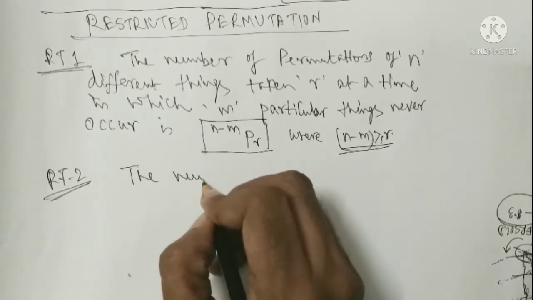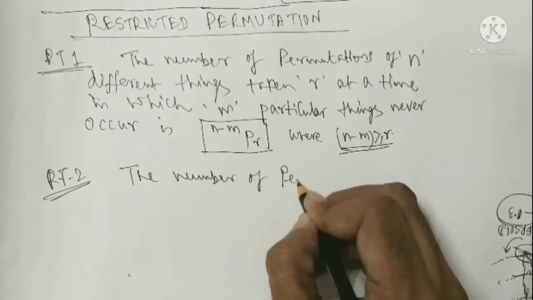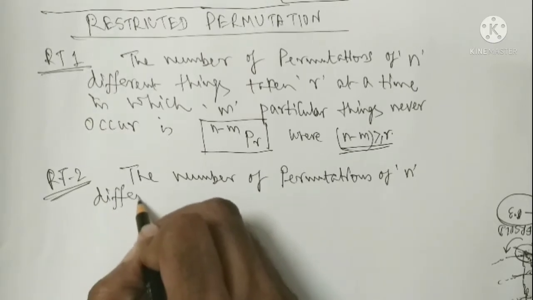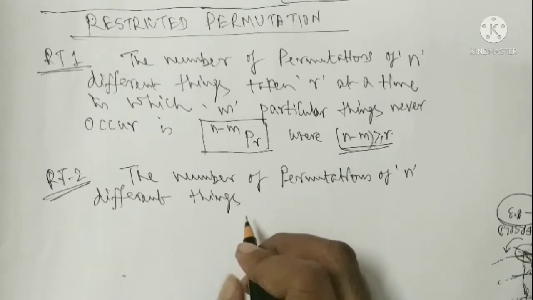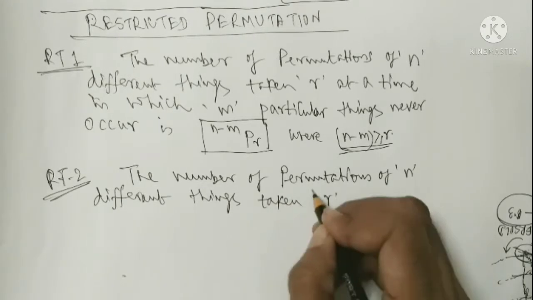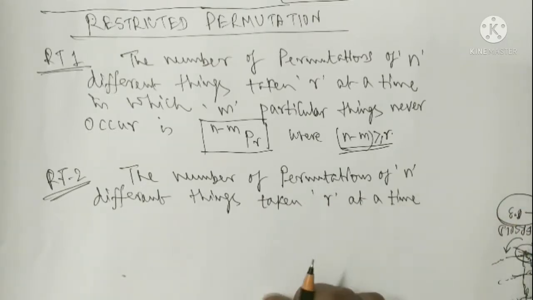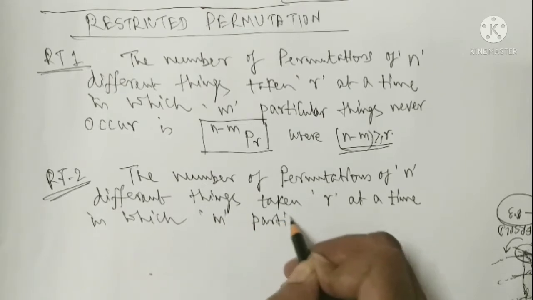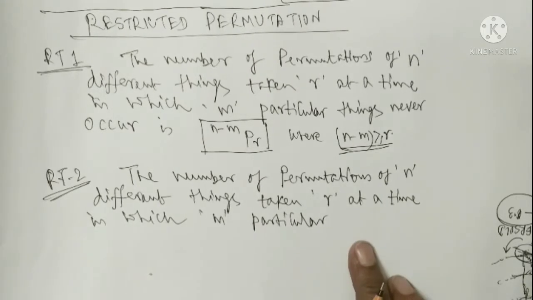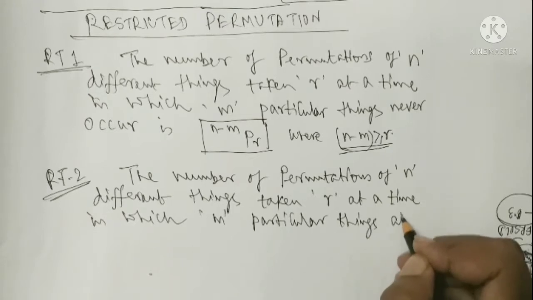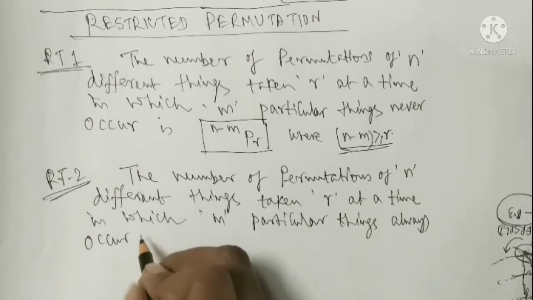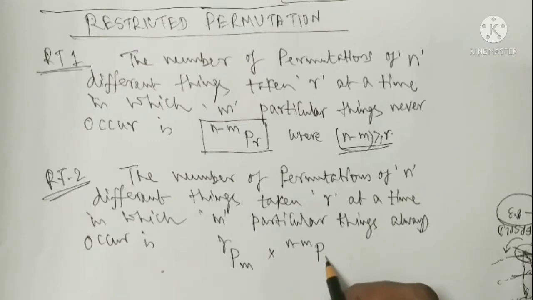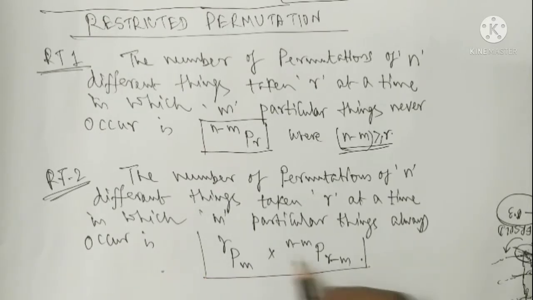The same type, the number of permutations of n different things taken r at a time, in which m particular things always occur, is rPm into n minus m P r minus m. This is the structure of this restriction.